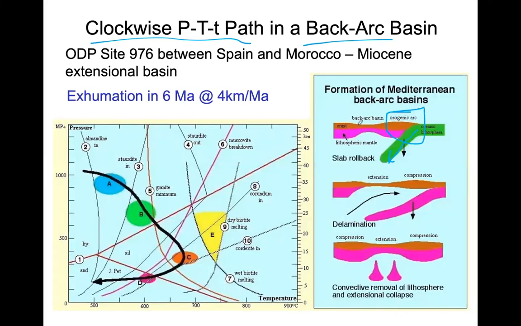Arc means this type of subduction zone, and back arc means the region somewhere here, away from the forearc. The region away from the forearc means something like this. If you make a limit here, this is the back-arc region and this is the forearc region.